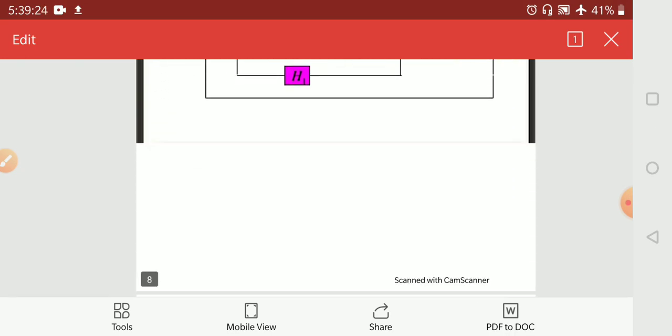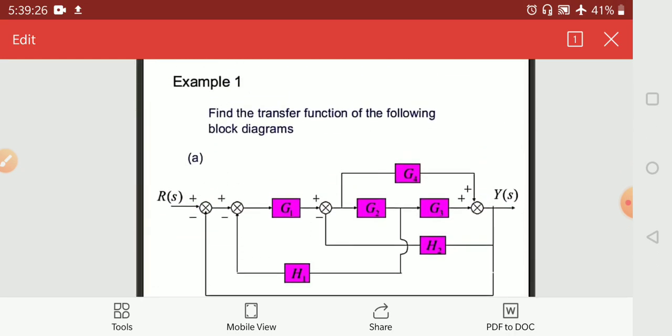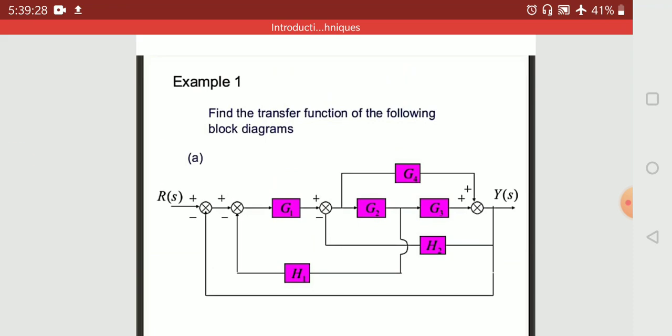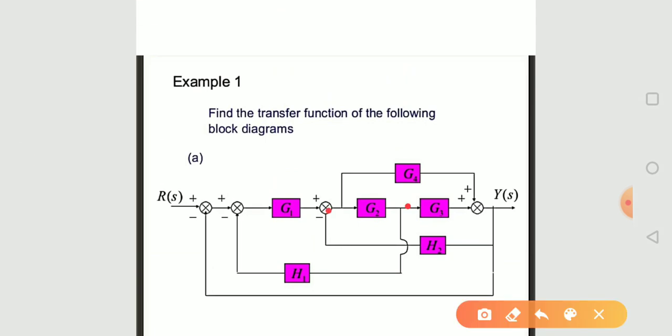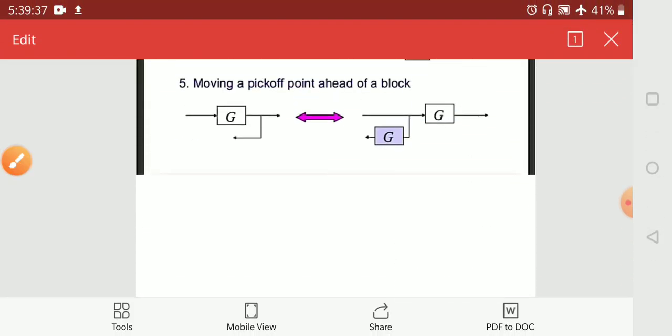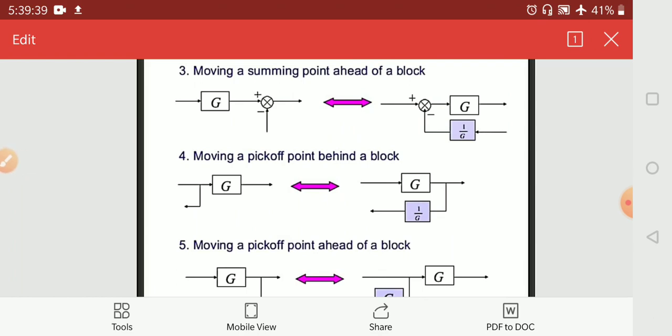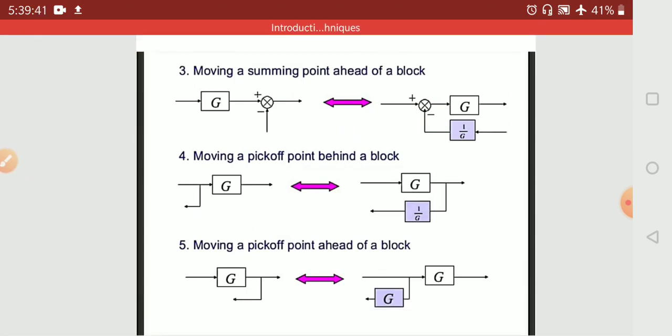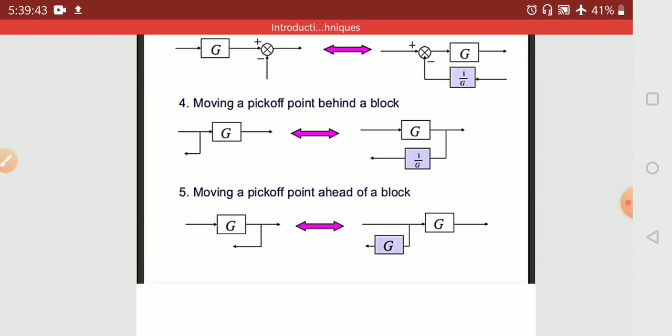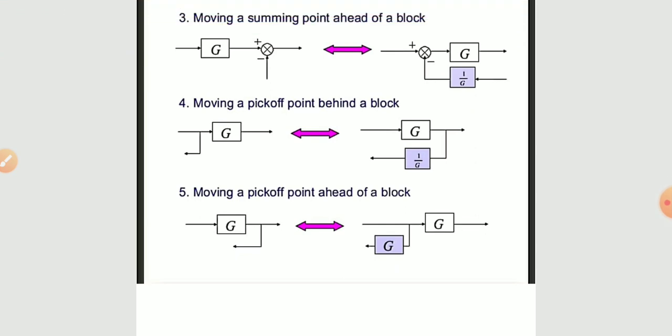If we move this point here ahead of the block, then we know that some gain is multiplied.